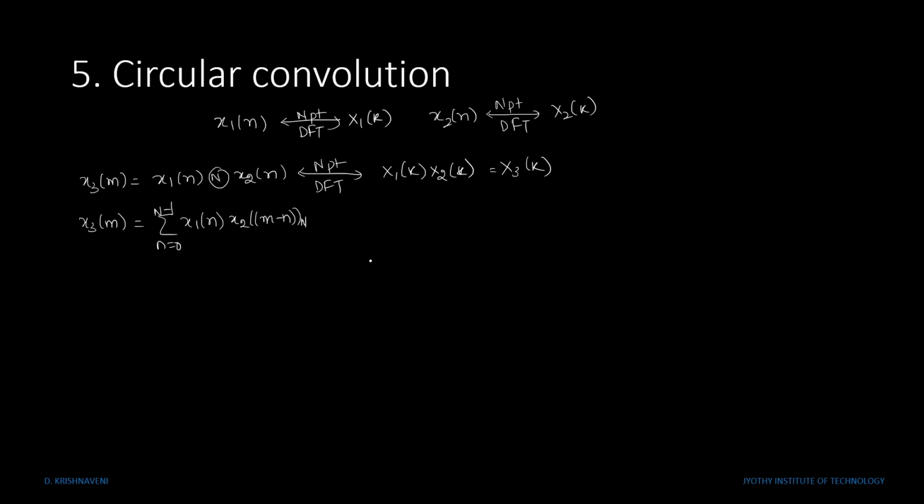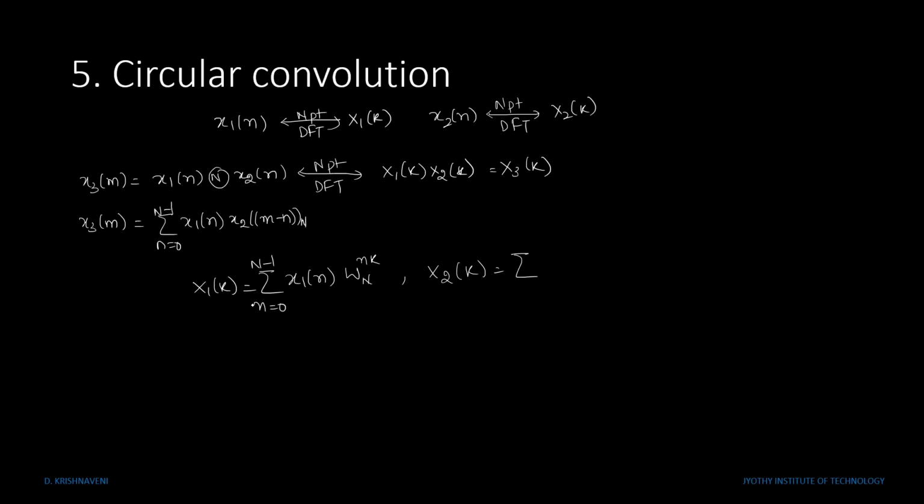So from this, let us take x1 of k equal to summation n equal to 0 to n minus 1 x1 of n wn to the power of nk, and x2 of k is equal to summation.